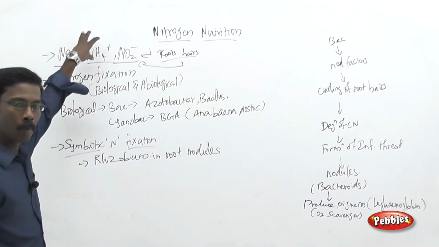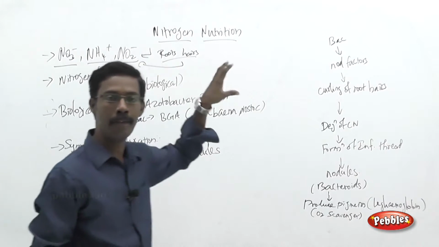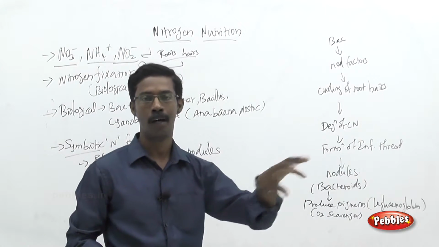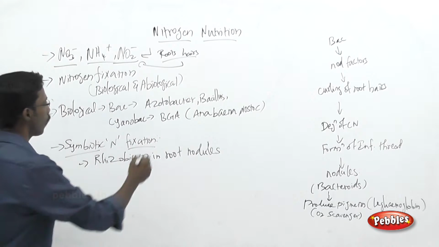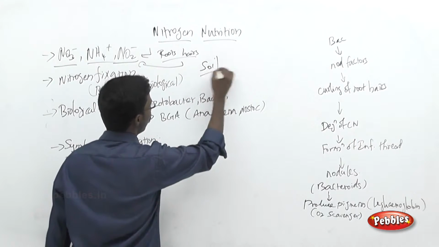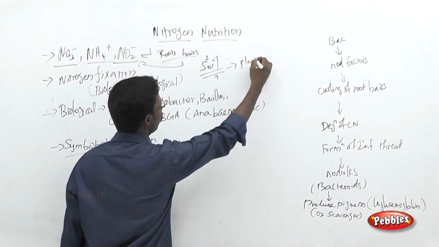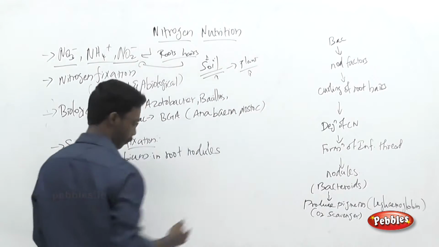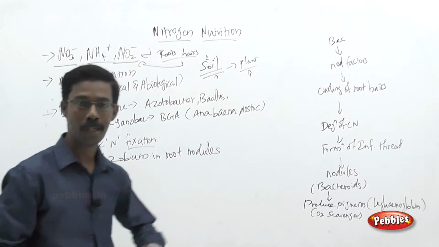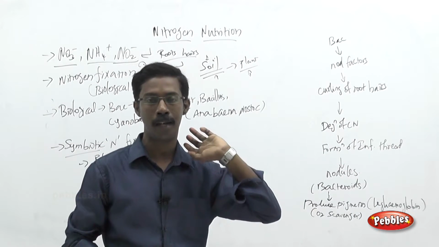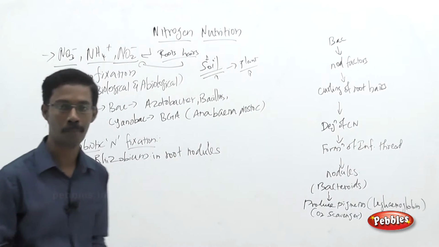The point you have to remember here is that atmospheric nitrogen has to be fixed to the soil. Then only will it be absorbed by the plant system by means of the root hairs. As I told you, the plant cannot directly utilize the gaseous form of nitrogen.